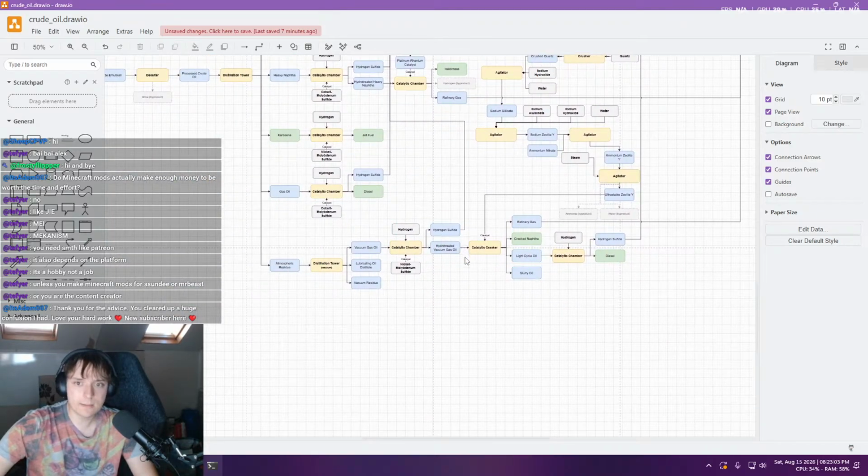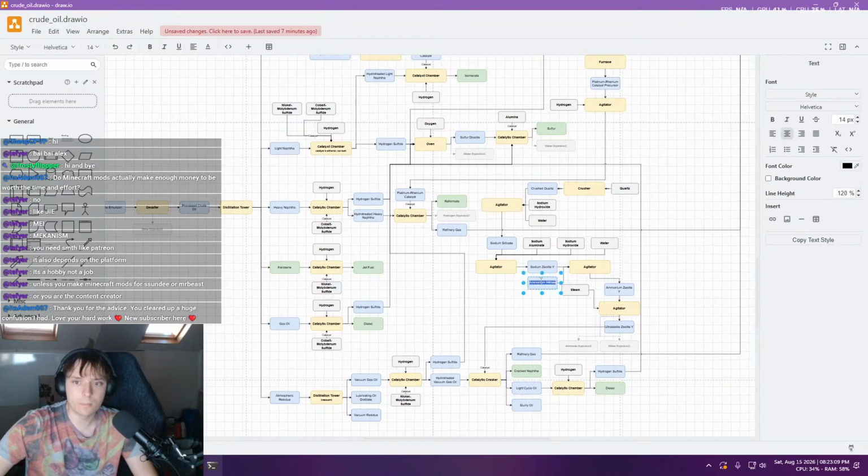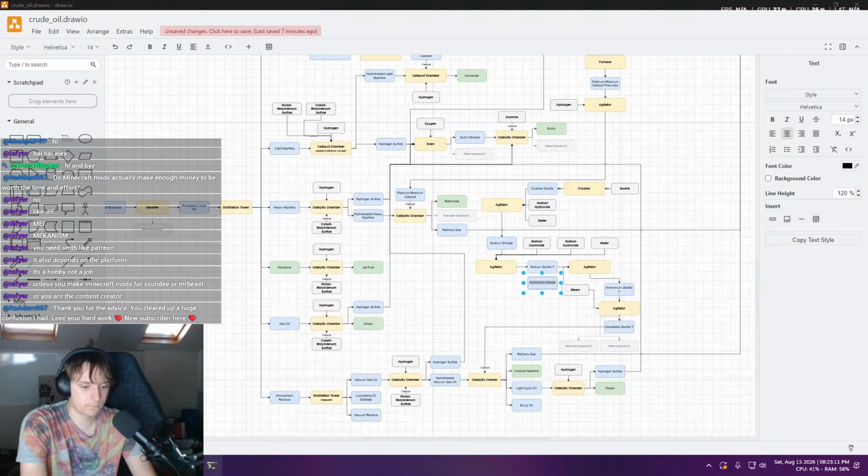Okay, so that gets us the FCC catalyst. Oh no, we need ammonium nitrate. So ammonium nitrate: just ammonia and nitric acid, apparently.